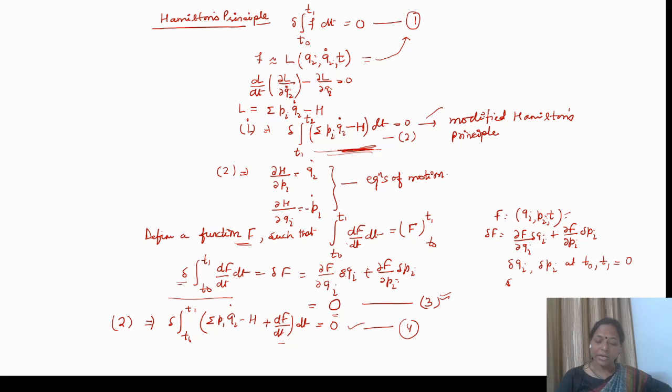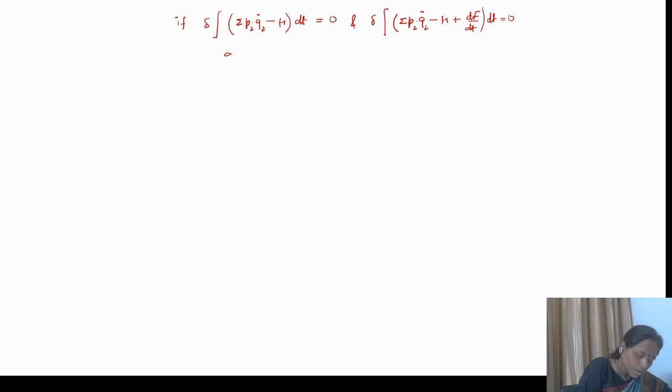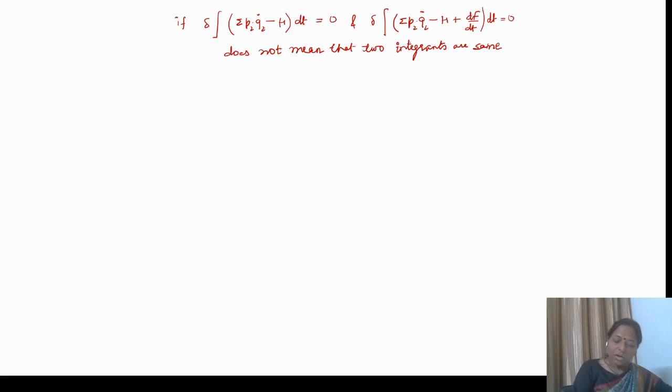What I want to say is that if delta of the integral of sigma pi qi dot minus H dt is 0 and delta of the integral of sigma pi qi dot minus H plus dF/dt is 0, this does not mean that the two integrands are the same.